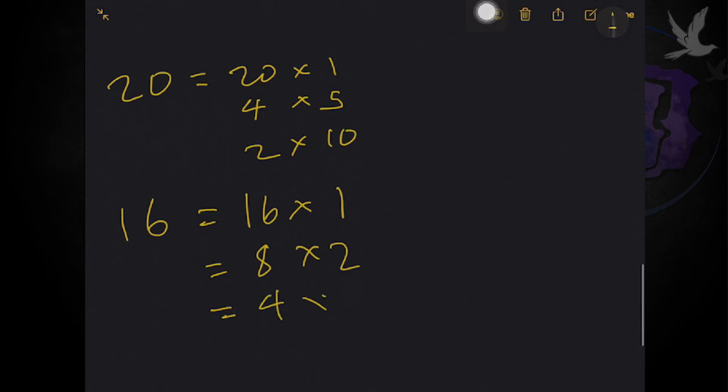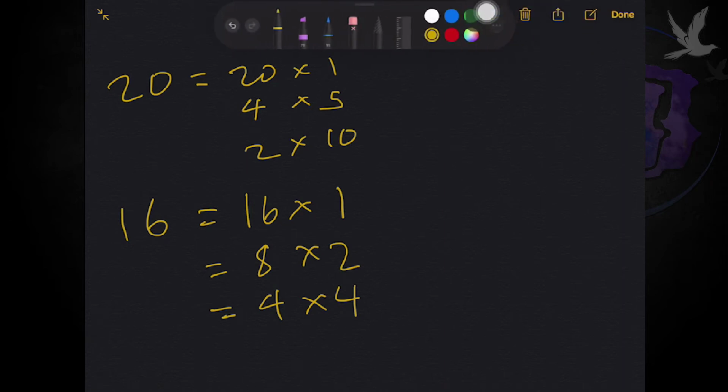And we also have 4 times 4. Are there any other numbers that we can add with 16? You should be able to find more. If there's none, it really means there are no more. So, there's none for 20 and for 16, that's it.